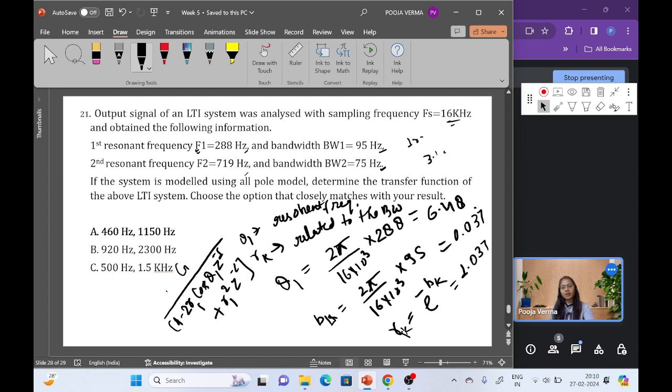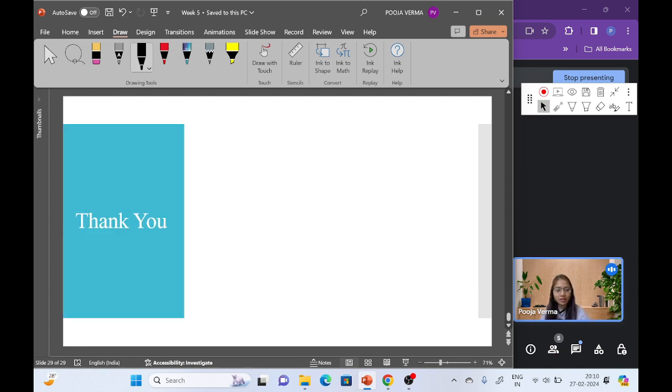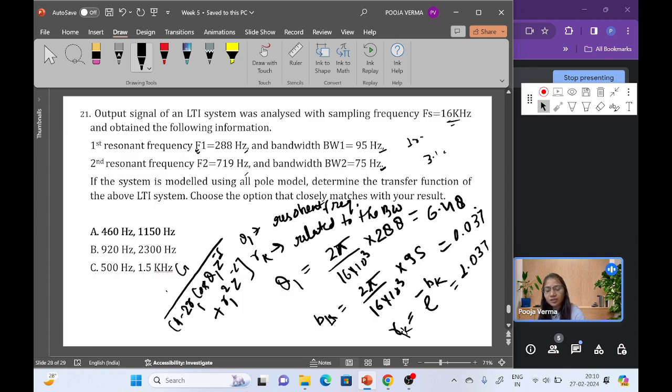Then you will get some frequency. Then you have to choose the option which closely matches your result, right?